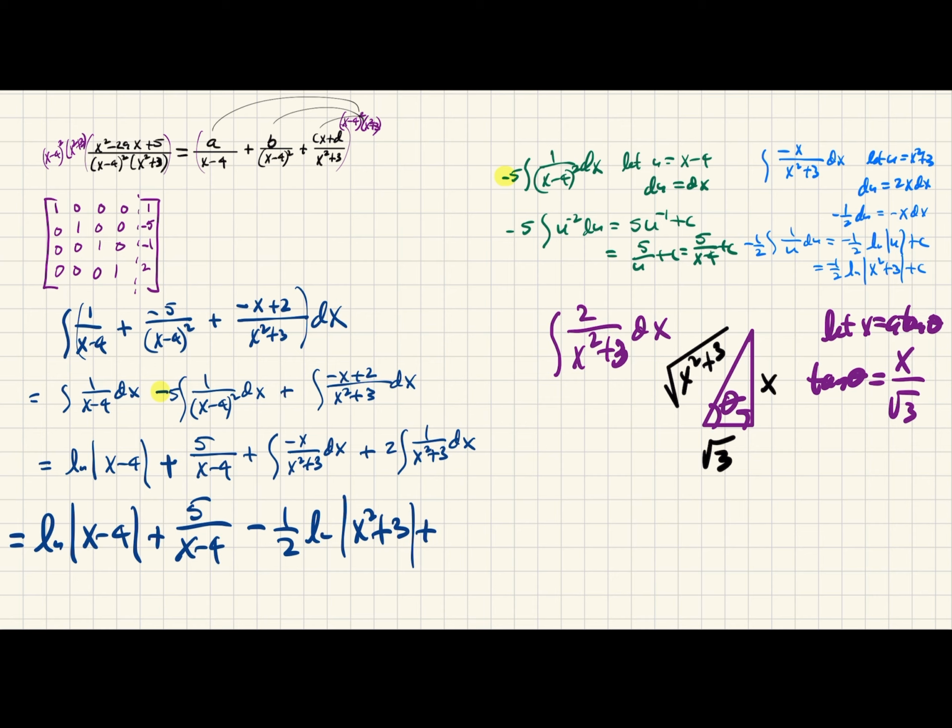So let's see. This integral then, I'll bring the 2 out front. 1 over x squared plus 3 dx. So we let x be, so x is equal to square root 3 tangent theta.